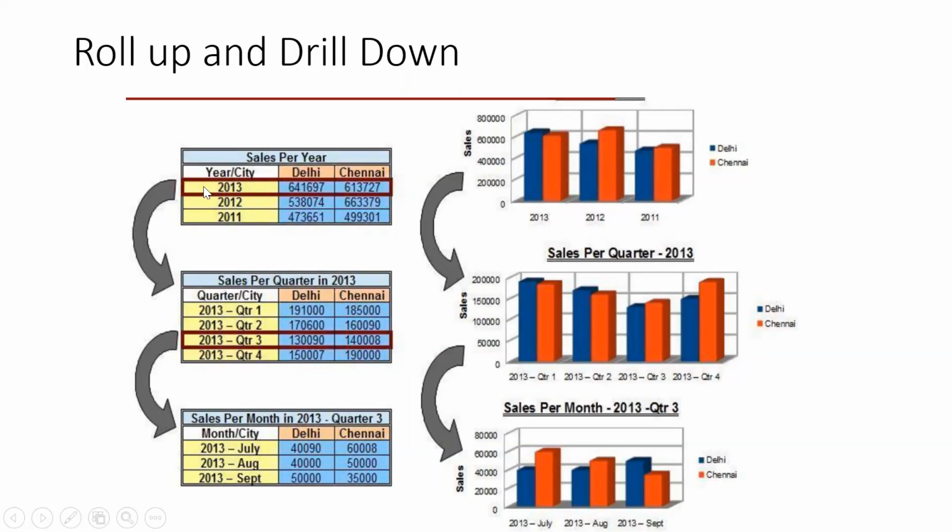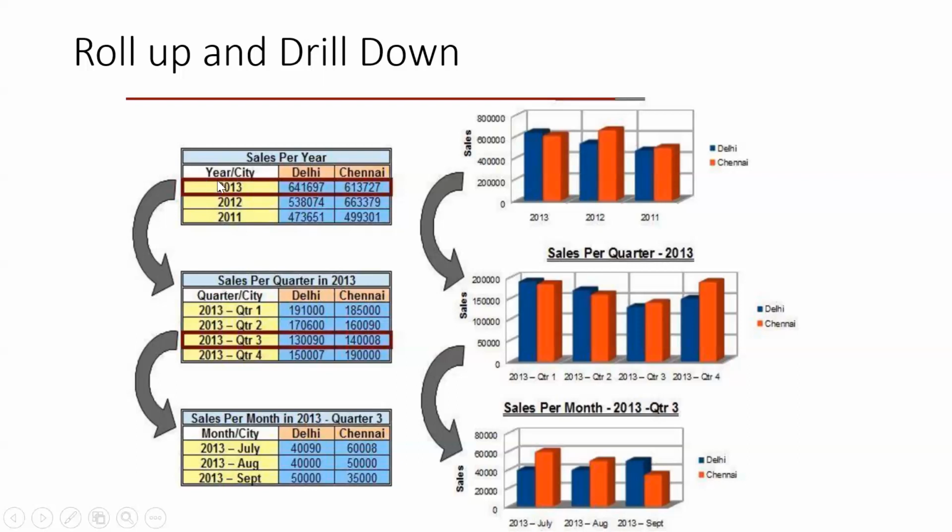Just like we are creating a hierarchy between year, quarter, and month over here. During creation of dimensions, we need to create hierarchical dimensions in this manner. Over here on top of the time dimension, we have created this hierarchy.